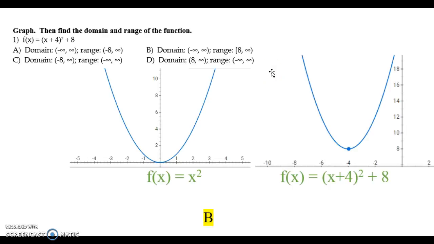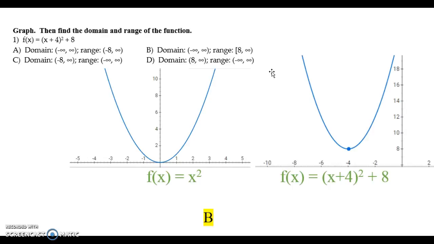Now for the domain, if you look at pages 205 through 207, it talks about domain. In general, we assume every single x value is in the domain, from negative infinity all the way to positive infinity. The only reason an x value would not be in the domain is if you plug in that x value and it causes a division by 0, or it causes the part underneath the square root to be negative, because you can't take the square root of a negative number, and you can't divide by 0.